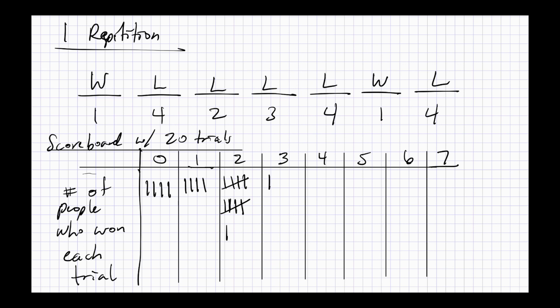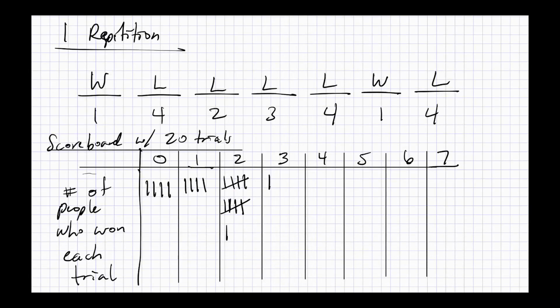And then my scoreboard was how many people won in each trial. So, I didn't get any for 3 at all, but I got some for 5.